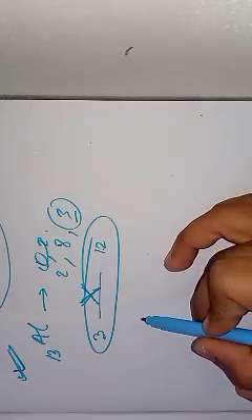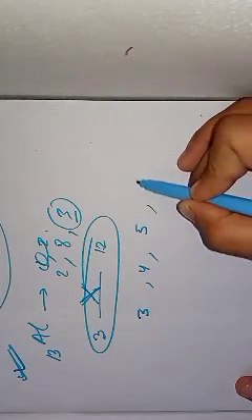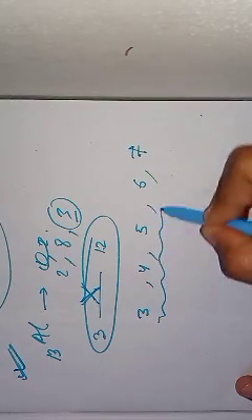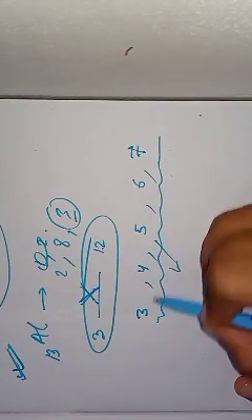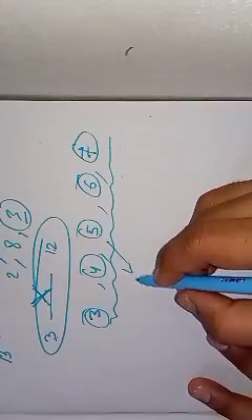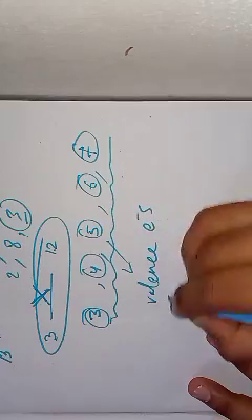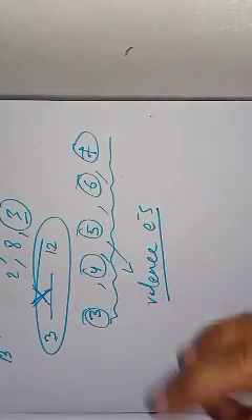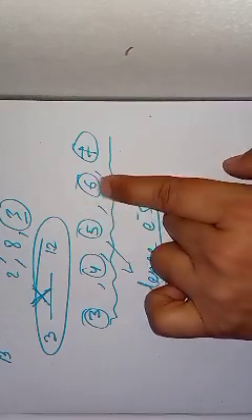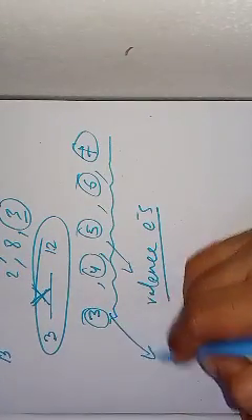Now if you find 3, 4, 5, 6 and 7 valence electrons in the outermost shell of any element, you will not say that they belong to the third group, fourth group, fifth group, sixth group, seventh group. Rather they will be belonging to the 13th group.